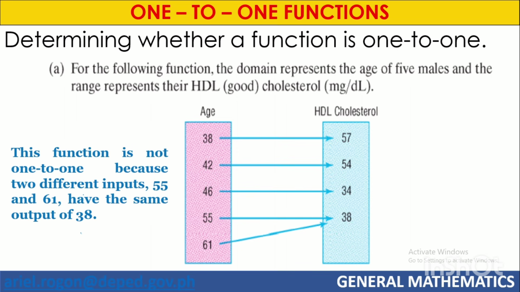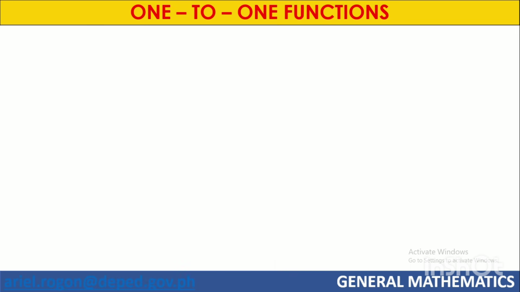So, therefore, ito ay not one-to-one. Kasi, si 55 and 61 have the same output of 38. So, yun ang tatandaan nyo para ma-identify nyo na kung one-to-one ba yan or not.